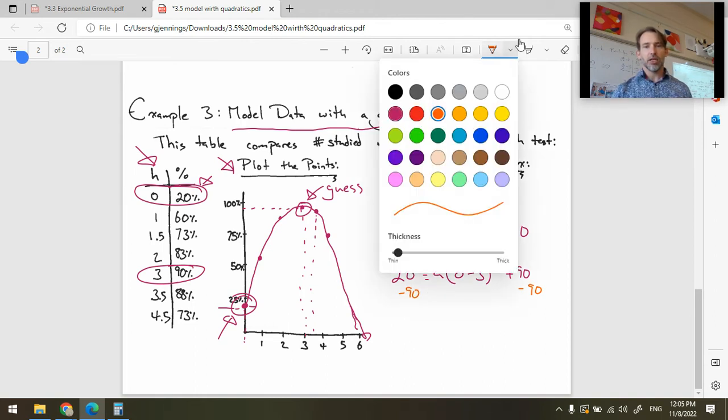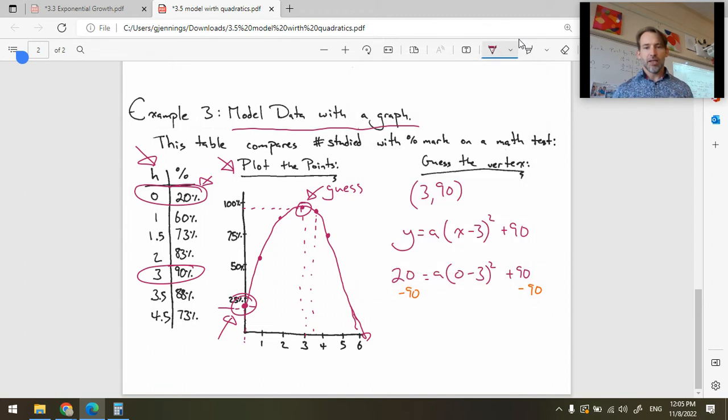So that's going to be negative 70 is equal to some number a multiplied by negative 3 squared. And then this went down to 0 anyway here, so that's all gone. So negative 3 squared is 9. So you would have negative 70 is equal to a multiplied by 9. And then you would divide both sides by 9 to find a. Negative 70 over 9 is equal to a.